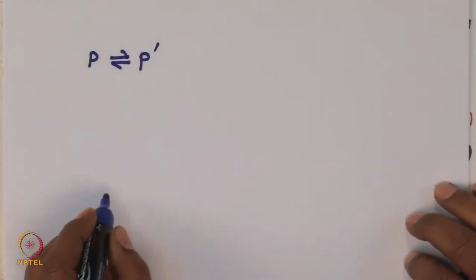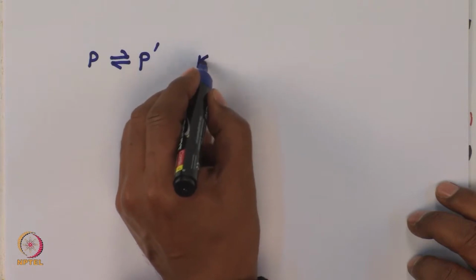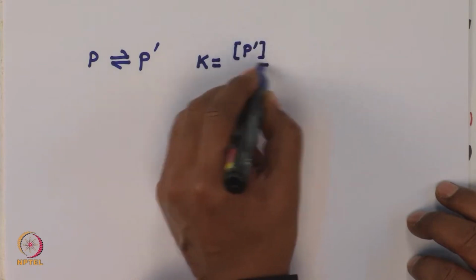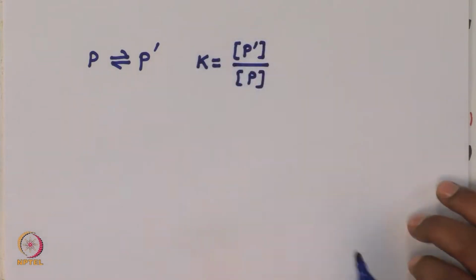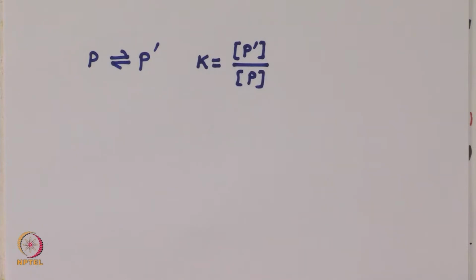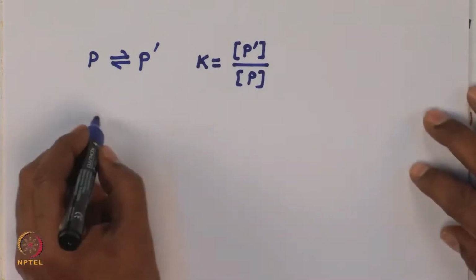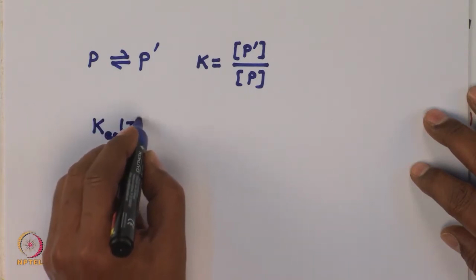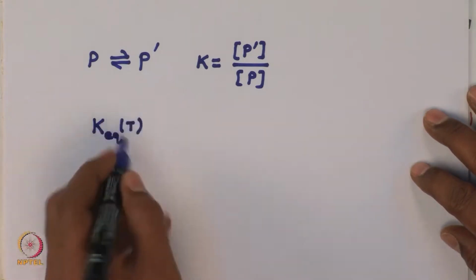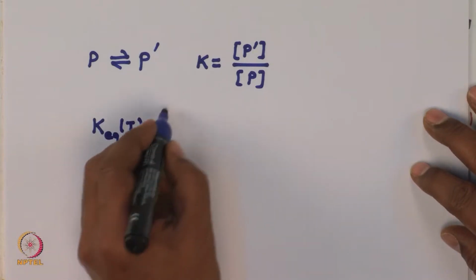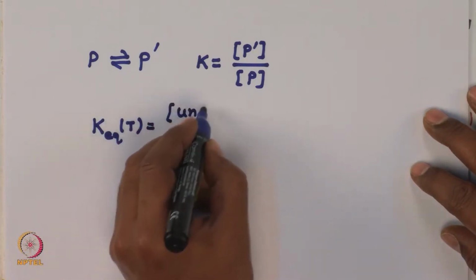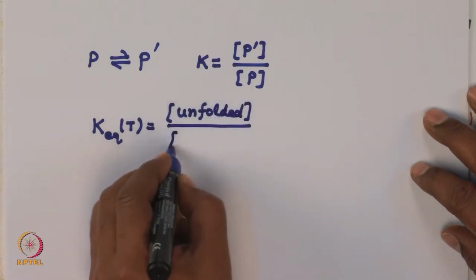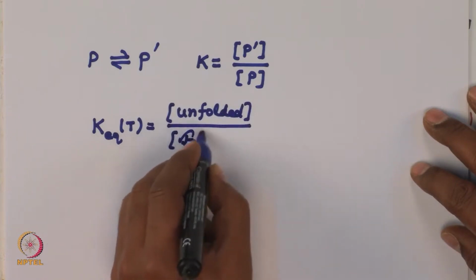P prime is the denatured state, and the associated value of K is equal to the concentration of P prime over the concentration of P. And if now I have to write K equilibrium at temperature T, for this I can write the concentration of unfolded form divided by the concentration of folded form.